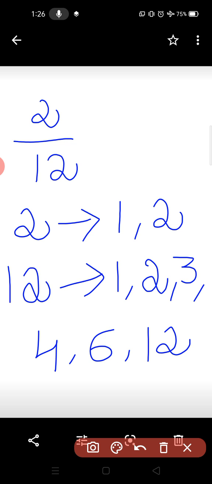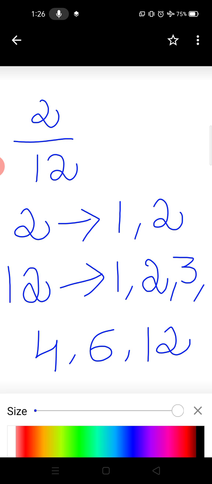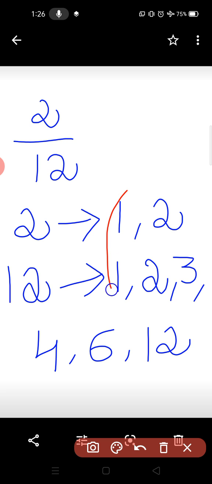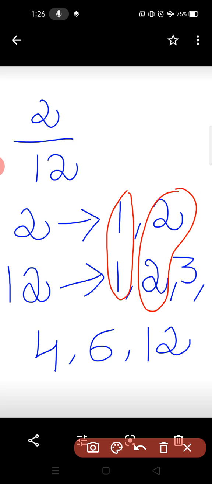Now you have to observe the common factors for both. Here, 1 is common in both the numerator and denominator. At the same time, 2 is also common in both numerator and denominator. So if the numerator and denominator of a fraction have more common factors, then that fraction is not said to be in simplest form.